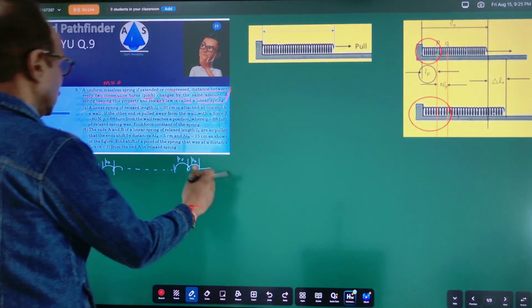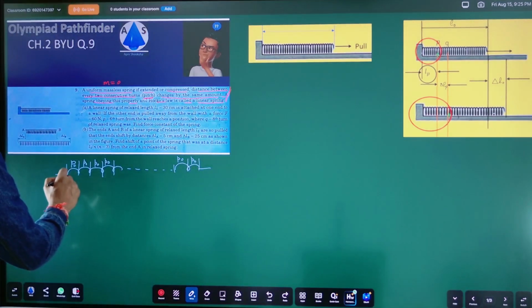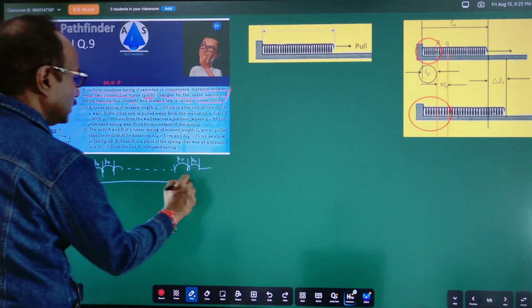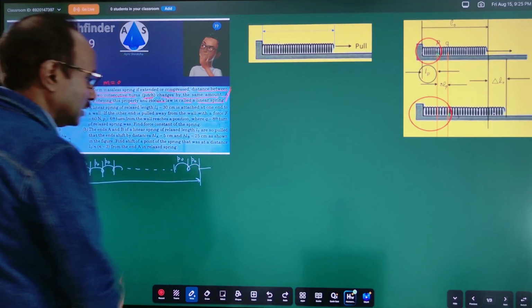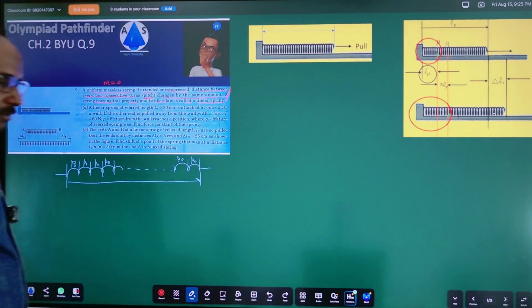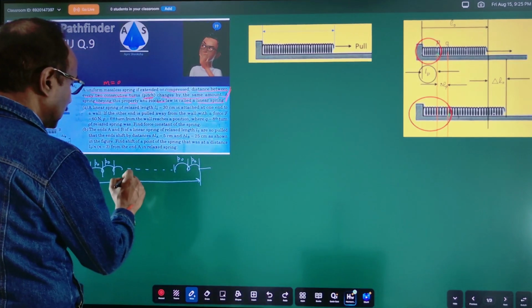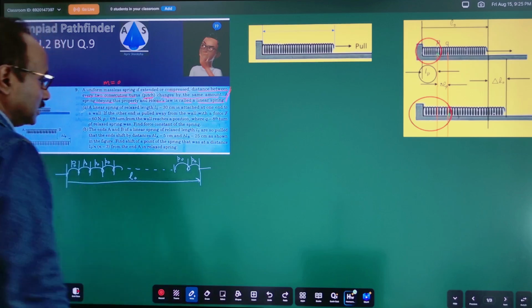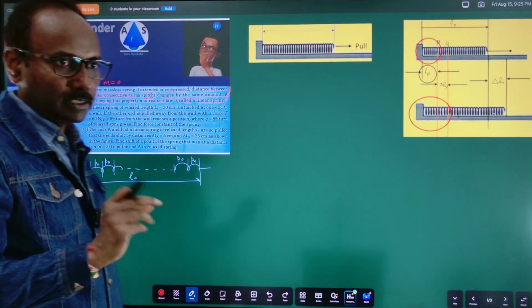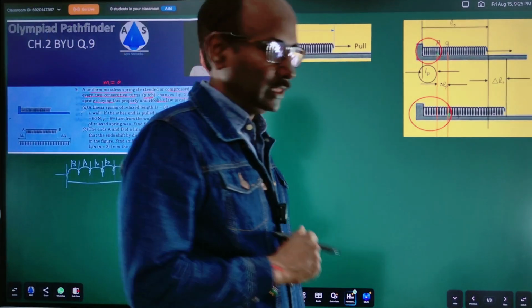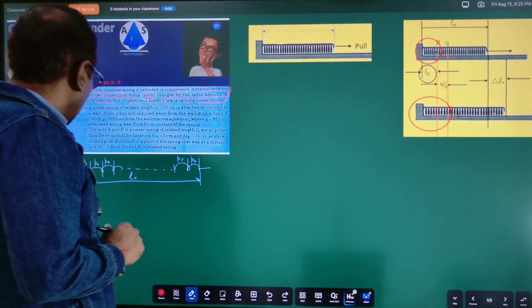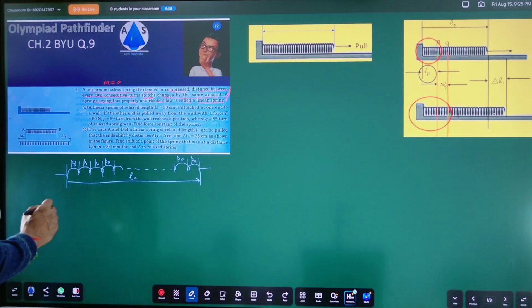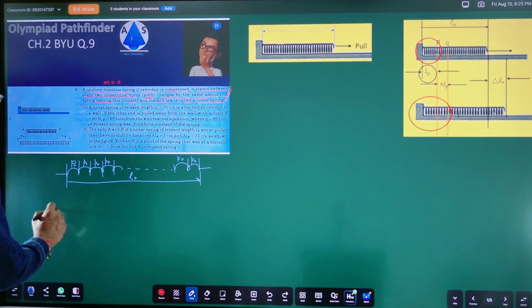Now, suppose this length of the spring was the unstretched length L naught. Unstretched is also called the natural length. So if it is L naught, now this spring has been stretched.